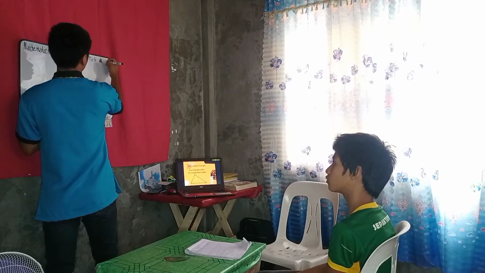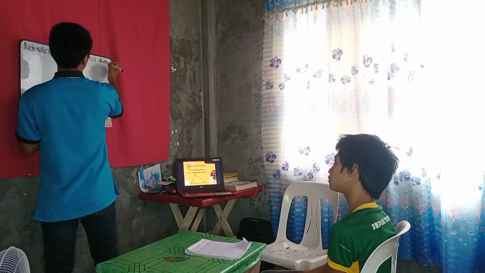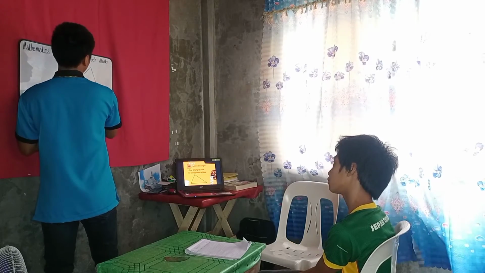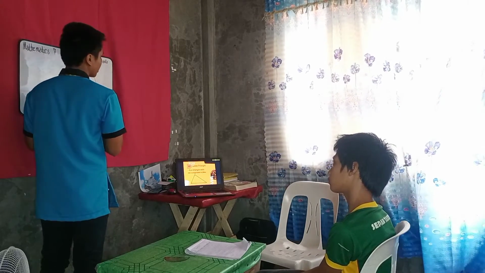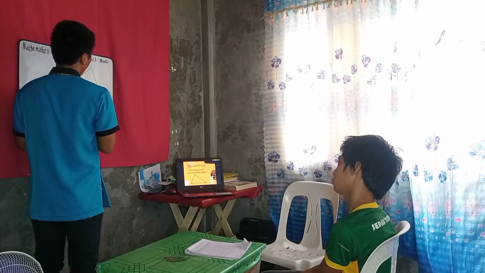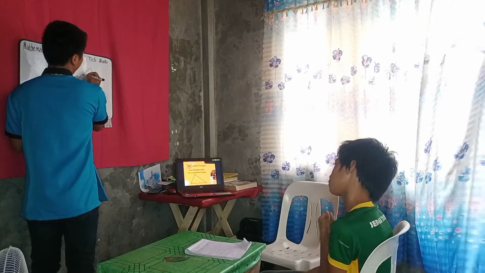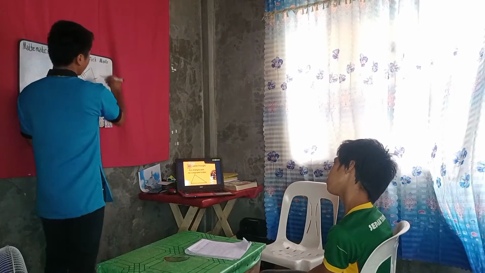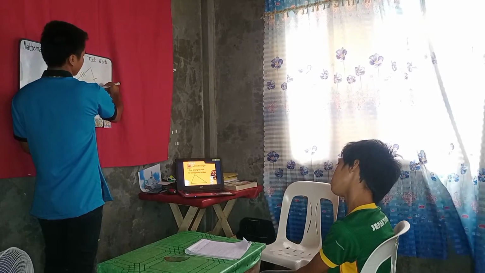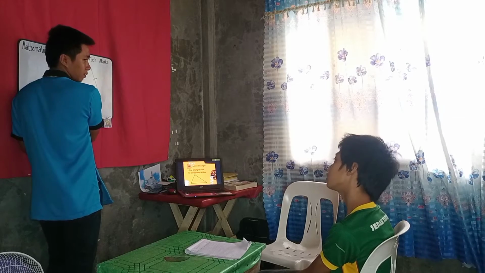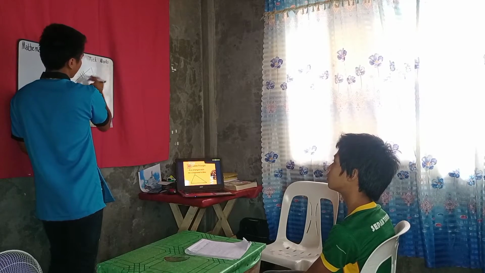marks. So, ano nga ba itong mga tick marks natin? Halimbawa, on our scalene triangle, yung scalene triangle ay walang congruent na sides. Ibig sabihin, yung side na to, hindi pareho dito. At hindi rin pareho dito.